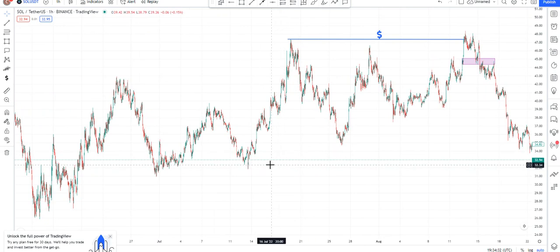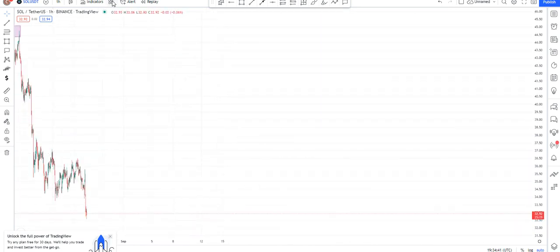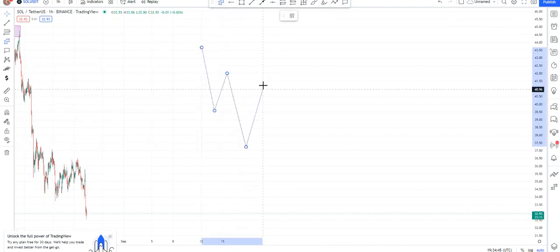So how do I identify this thing now? Basically, the concept of the reclaim block is that let's say we had a downtrend coming down like this.